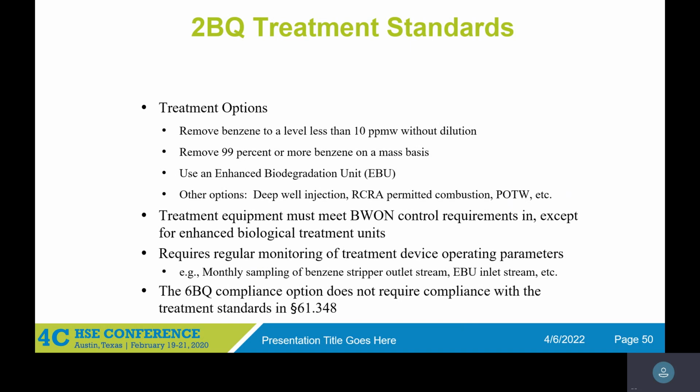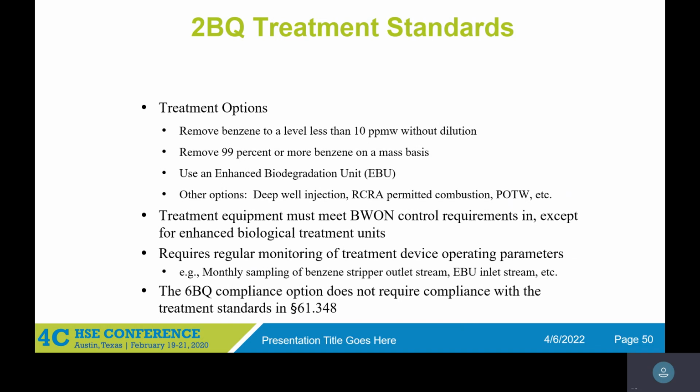The microorganism ratio, etc. They don't care. As long as you are below 6, you're good. That makes sense? So the reporting is much more stringent on the 2BQ, because you have to say this piece of equipment worked, and it worked according to what we said it was going to work. With the 6BQ, it's like, oh, it didn't work. Didn't achieve 95%, it achieved 93, it's okay.